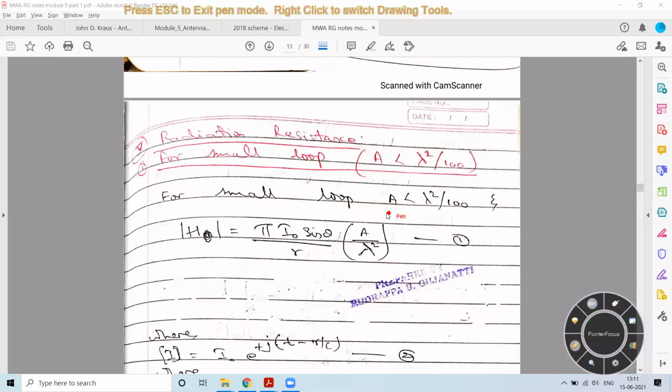Now let us consider that A is less than lambda square by 100.